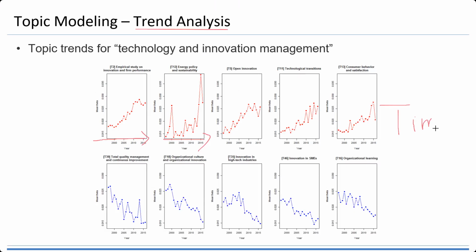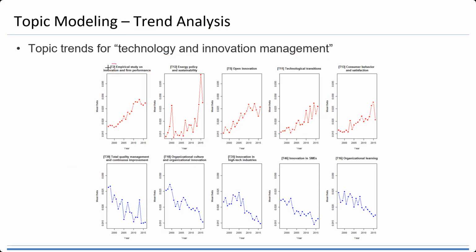If we get the data based on the time, we want to know how many articles are related to this particular topic, let's say this is T2, topic 2, in a particular time. So this is from 2000 until 2015. If we can measure those documents, then we can plot them with this line plot. So this is the topic trends for technology and innovation management.